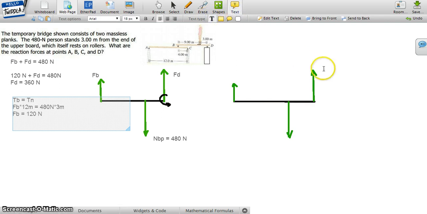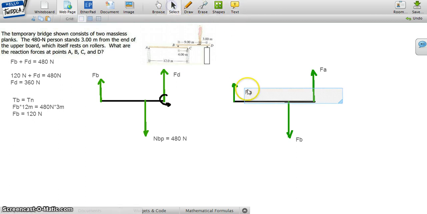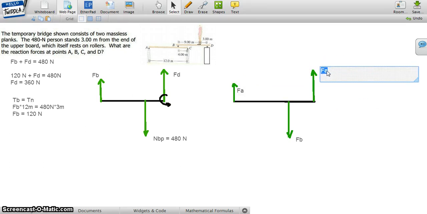And let me label all these. So this will be force of A. This will be the same magnitude as force of B, so I'll call it force of B. And this one here will be force, oops, I labeled these wrong, force of A. That one's force of A. And this one here is force of C, excuse me.